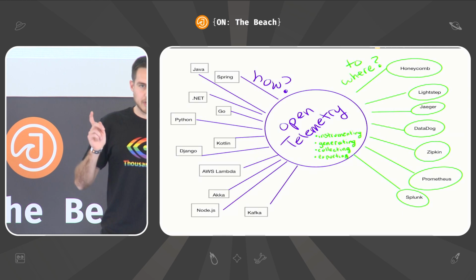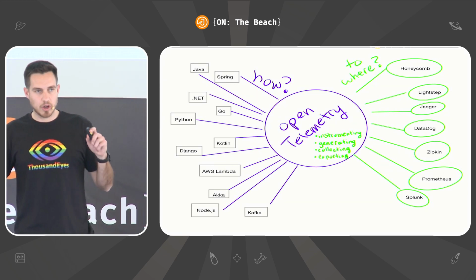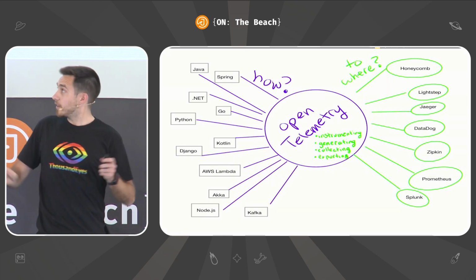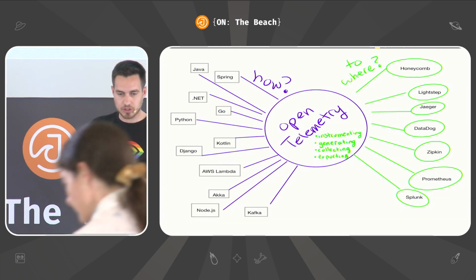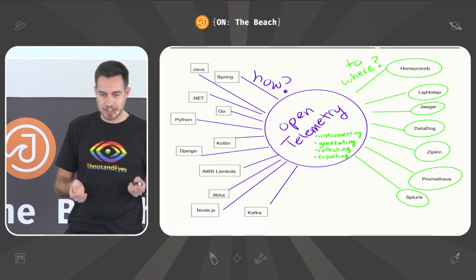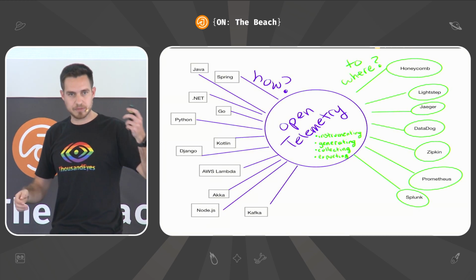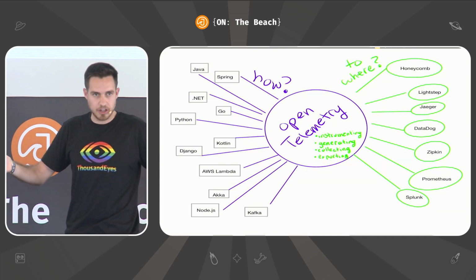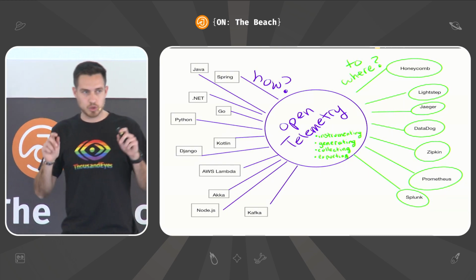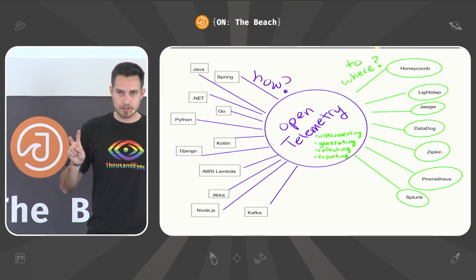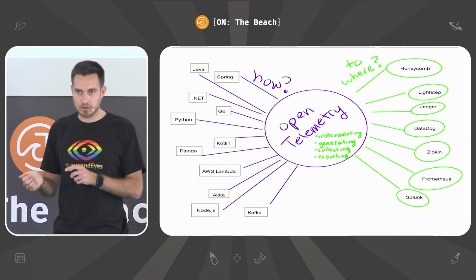I really like that picture because, in my opinion, it describes what OpenTelemetry is. So on that side, you have all the applications. If your application is written in Java or in Python, using Spring or Django or any other tool, with OpenTelemetry, you're going to be able to instrument it. There are two ways to do that: automatic instrumentation or manual.